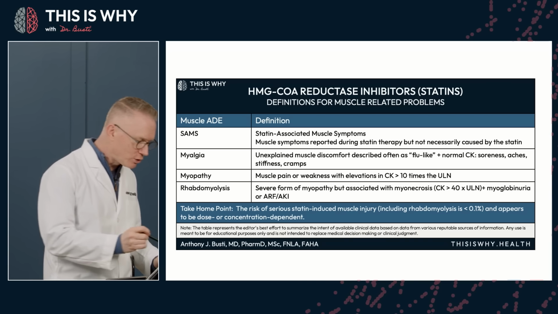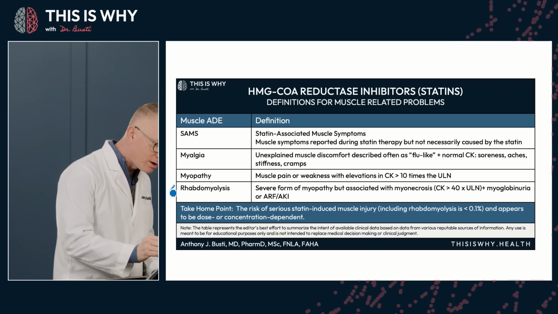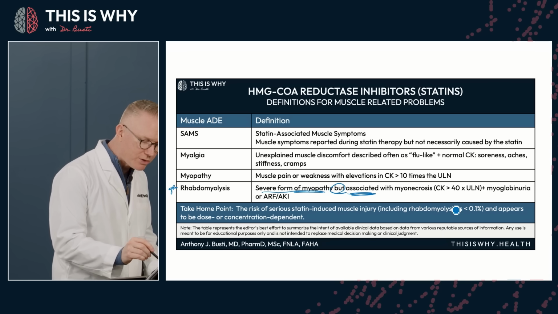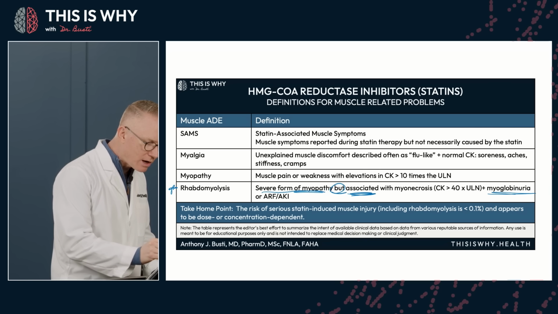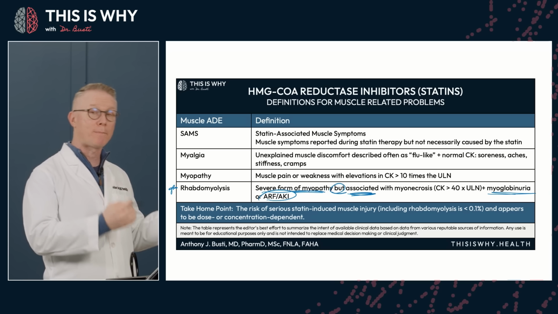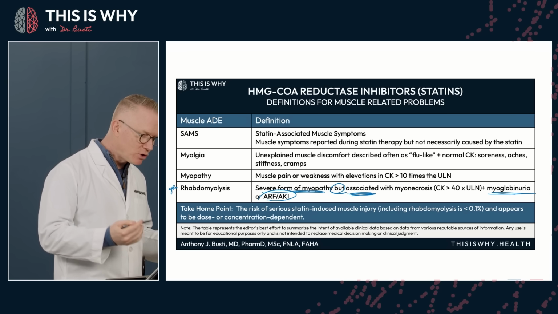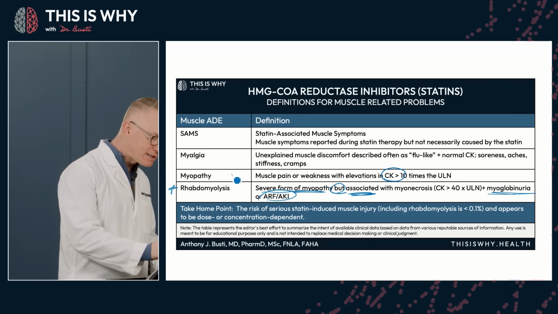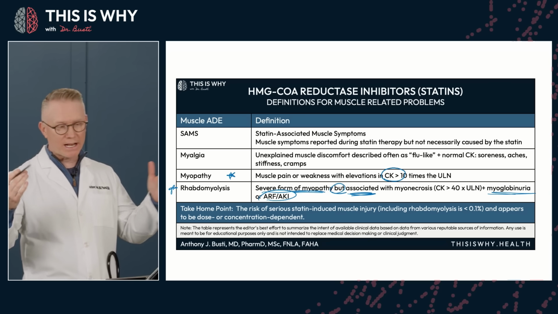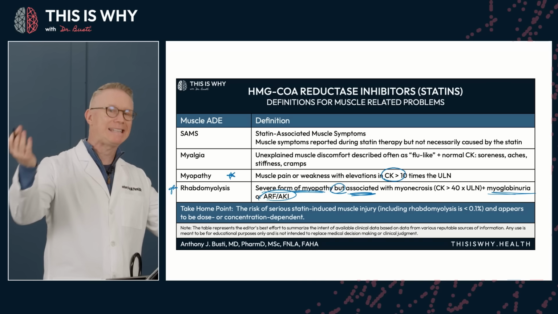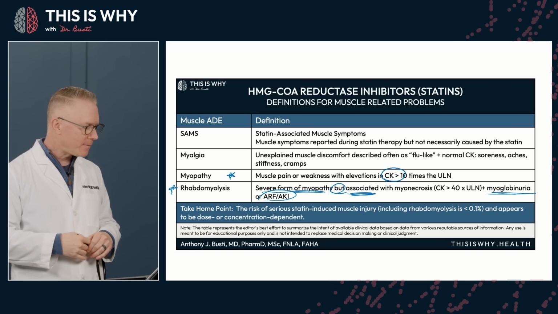No, rhabdo, if you look at the definition here in this table, is where you have not only a myopathy, but it is associated with myoglobinuria or acute renal failure or AKI. So you have some renal impairment. But if you just have elevations in the CK, that is a myopathy or myositis, inflammation of the muscle cells that are causing the release of the CK.